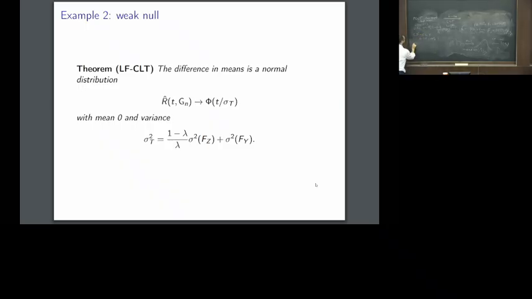And what's sigma square t? It's (1 minus lambda) over lambda, variance of the z guys, plus variance of the y guys. So I get a weak null if, so what I want to get asymptotic validity is that tau square is equal to sigma square.